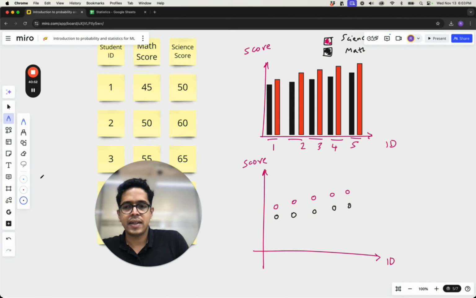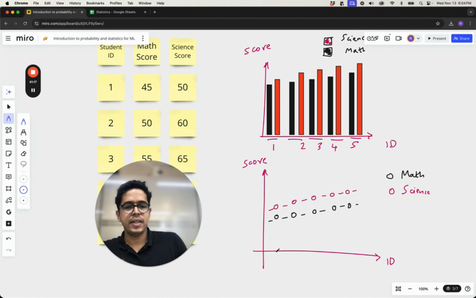And then for ease of all of this, I can simply draw a dotted line, which is like a trend line connecting this data. I can draw the same thing. So here immediately it's easy to visualize, and the black circle is math, and the red circle is science.